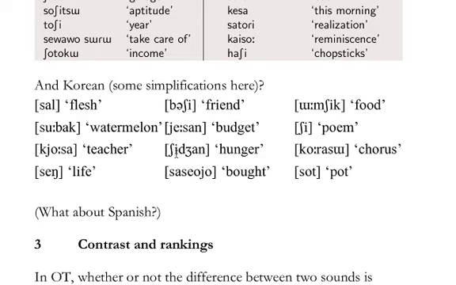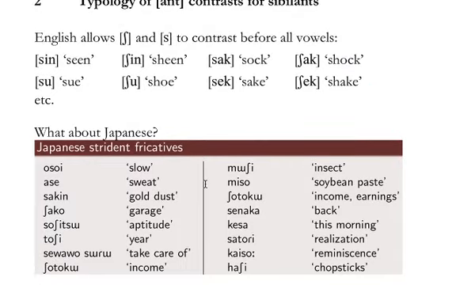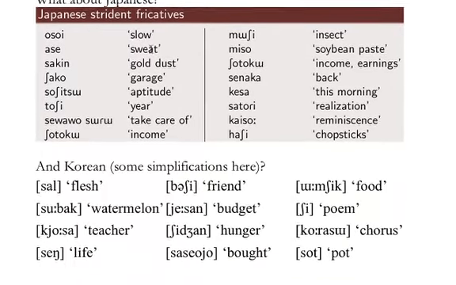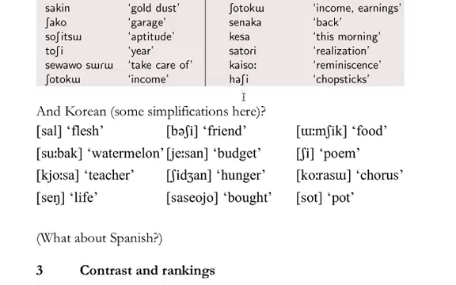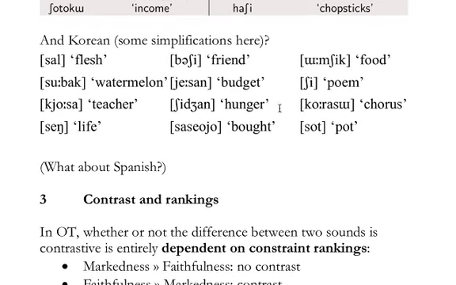But in this specific context, before a high front unrounded vowel, the value of that anteriority feature must be minus. And elsewhere, when you're not before a high front unrounded vowel, it must be plus. So this is allophony in Korean. It's never contrastive, the anteriority feature, but it changes its value depending on the specific context that it's in. So far we've seen free contrast in English, positional neutralization in Japanese, and complementary distribution in Korean, or allophonic variation.